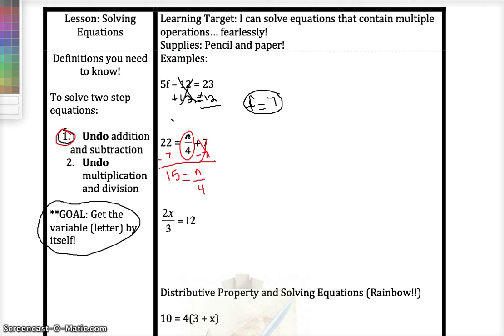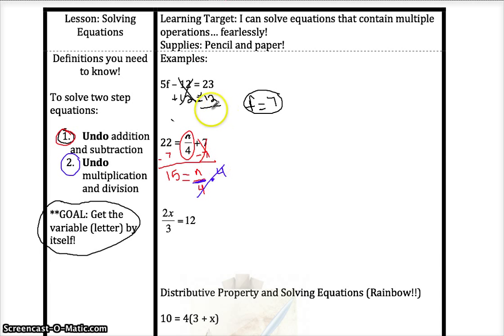So my next step I'm going to do in purple is undo my multiplication and division. So if I'm undoing multiplication and division, I need to look for it here. Well, remember I said this means divide. So this is our division line. So what's the opposite of division? The opposite of division is multiplication. So I multiply both sides by 4 to get rid of it. n divided by 4 multiplied by 4 goes away.